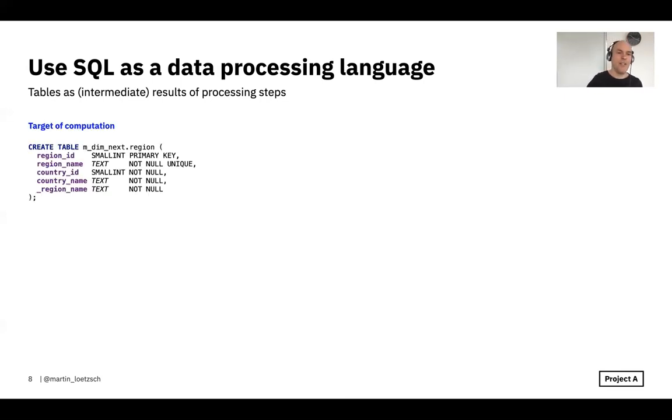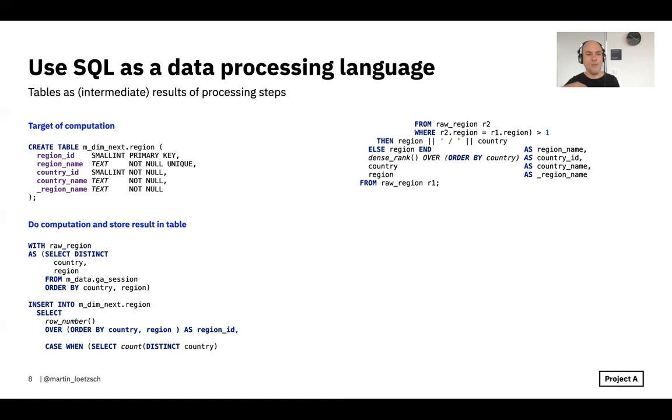Here we want to create a region table. This is now Postgres, but you could do very much the same thing in BigQuery or Snowflake. You create this table, which has some types and maybe also some constraints already. And then you do a computation. Here you get distinct countries and regions from a marketing session table.